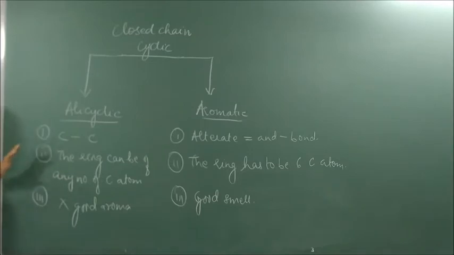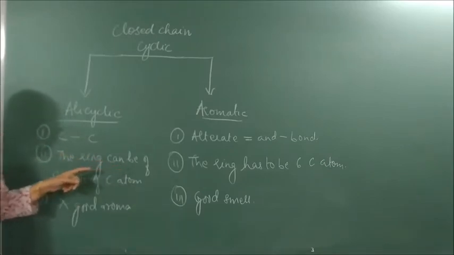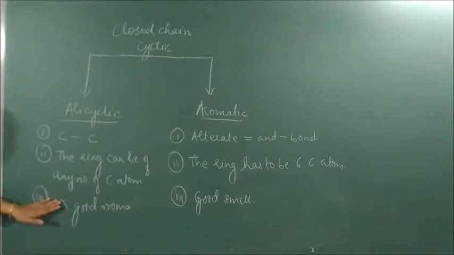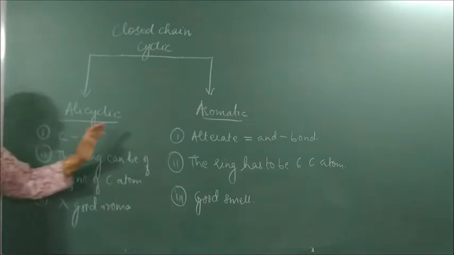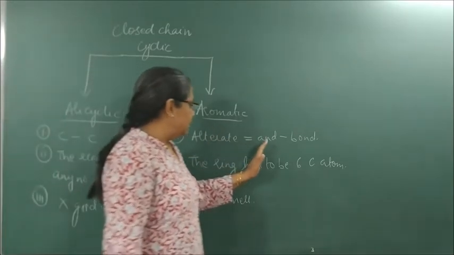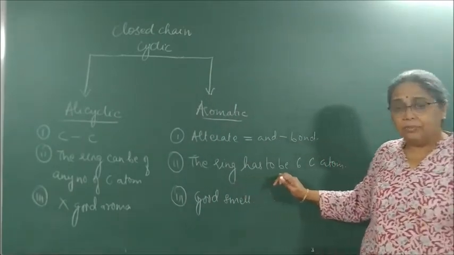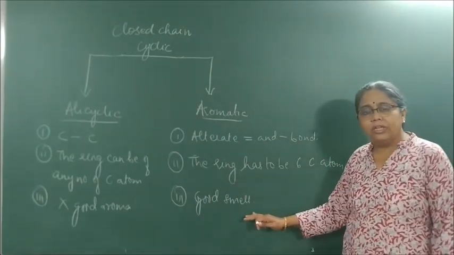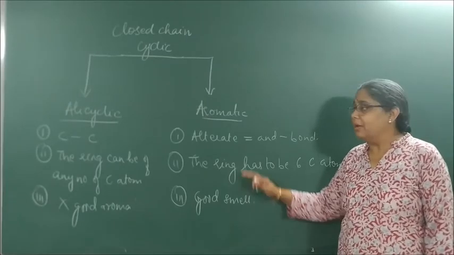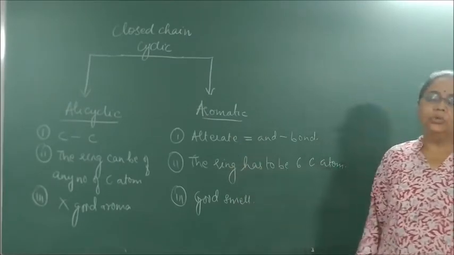So these are the two types of cyclic compounds. One has carbon-carbon single bonds, the ring can have any number of carbon atoms, and it does not have aroma. The other has alternate double and single bonds, the ring has to be of 6 carbon atoms only, and it will always have a good smell. Then I will teach you examples.